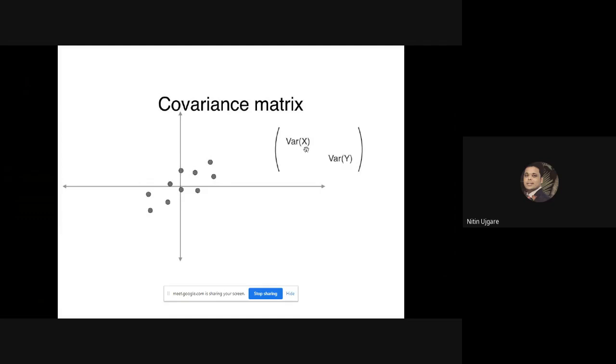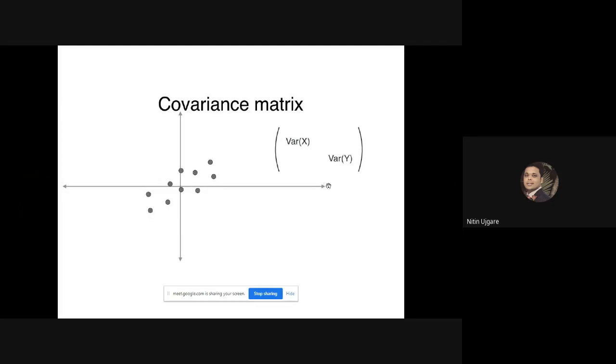In this covariance matrix, the diagonal entries, you can say the backward directional diagonal entries, have the variance of x coordinates and the variance of y coordinates for all these sets of points.